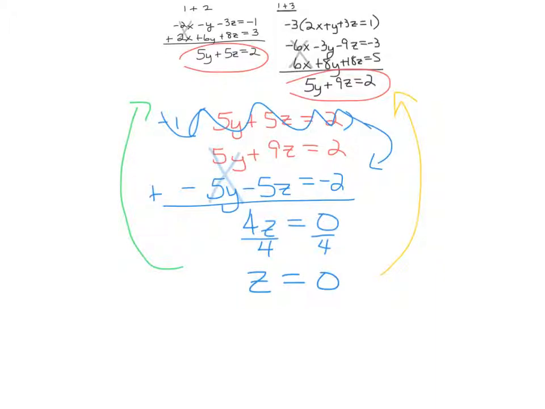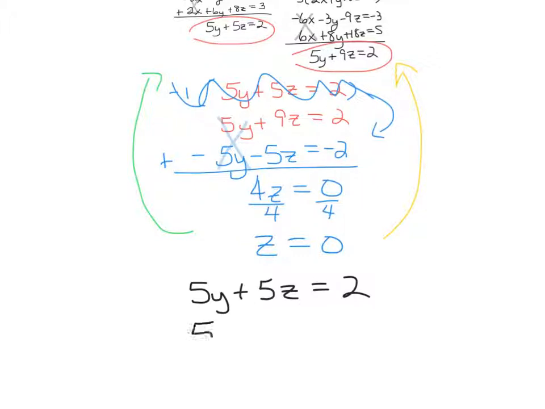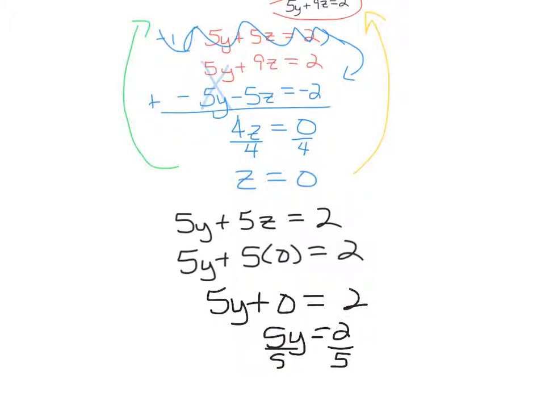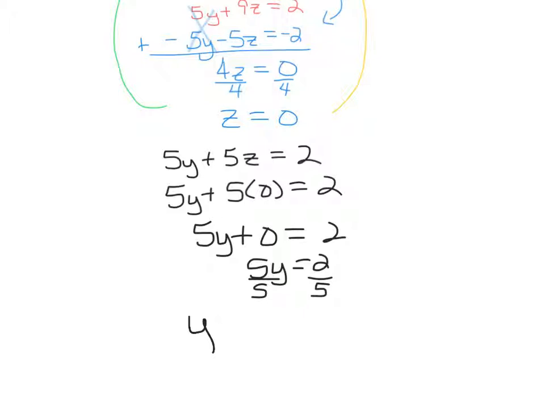So I'm going to take z and plug it into the 5y plus 5z equals 2. 5y plus 5 times 0 equals 2. 5y plus 0 equals 2. So 5y equals 2. Divide by 5, and y equals 2/5.